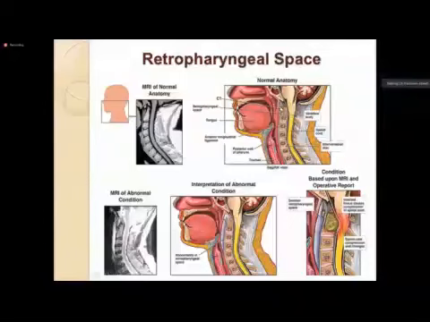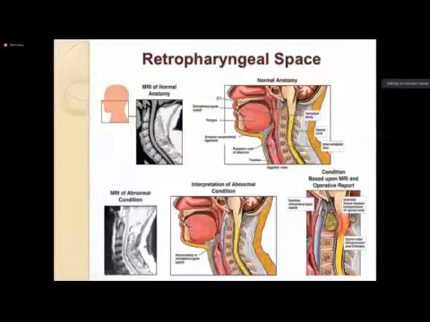So this space is present between these two cervical fascial layers, और ये extend करती है mediastinum तक. तो again infection इस area में जो भी होगा वो आपका mediastinum तक या thoracic cavity तक extend करेगा.